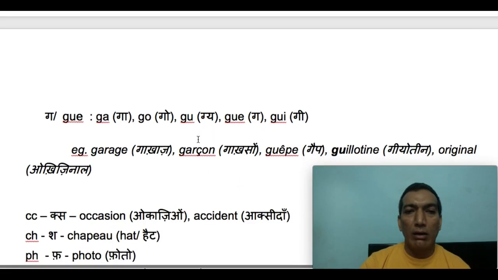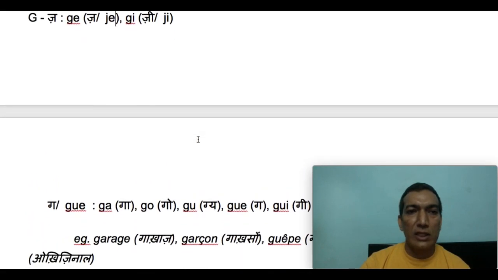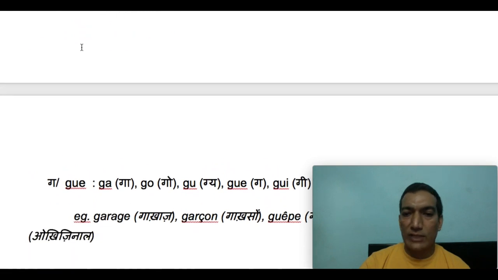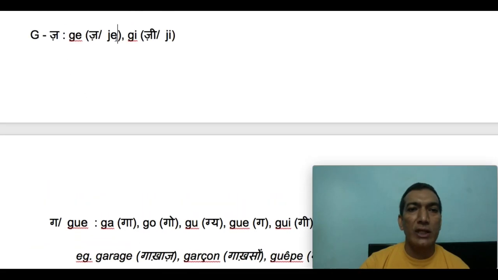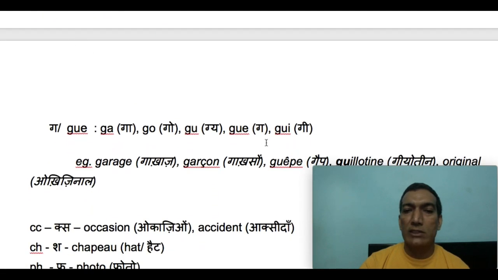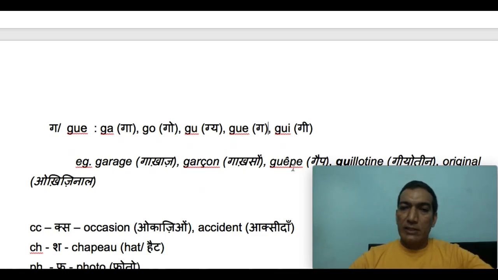Also whenever in French there is a word where we want G to be pronounced as g before e or i, we add u. For example, dialogue.